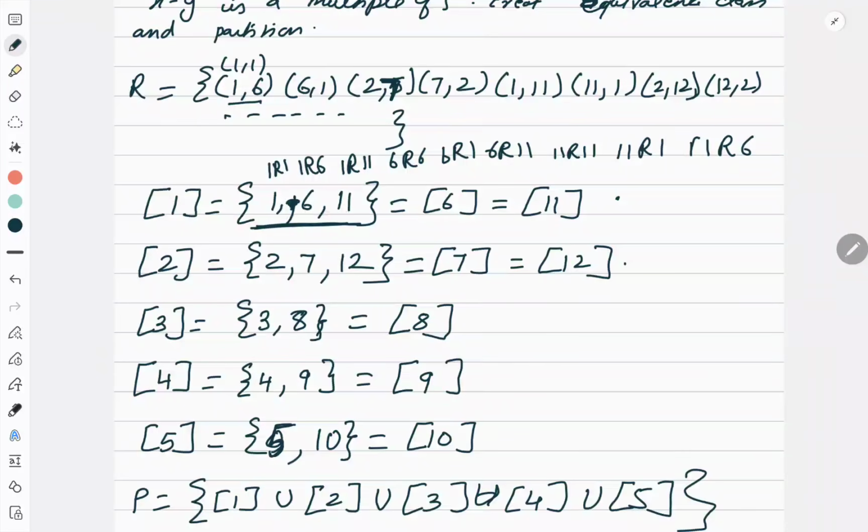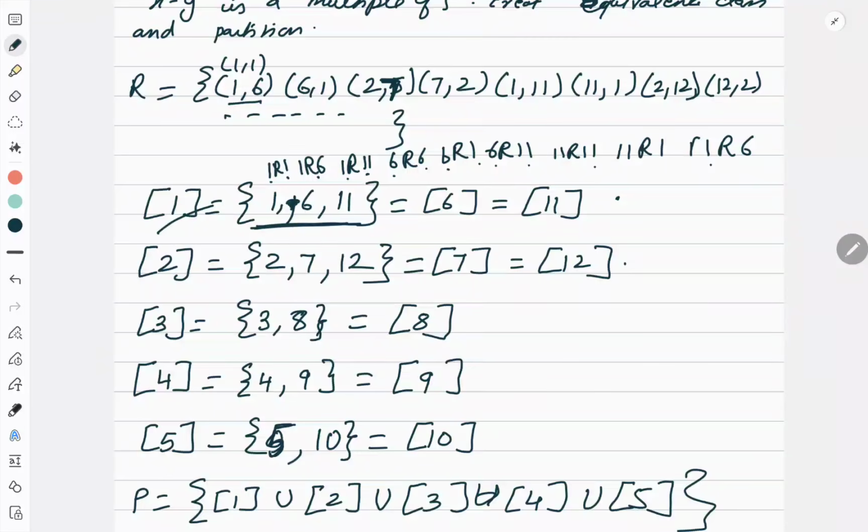You write it the same way as we write the Cartesian product of the same set, A cross A. So in the relation, what terms will go? (1,1), (1,6), (1,11), (6,6), (6,1), (6,11), (11,11), (11,1) and (11,6).